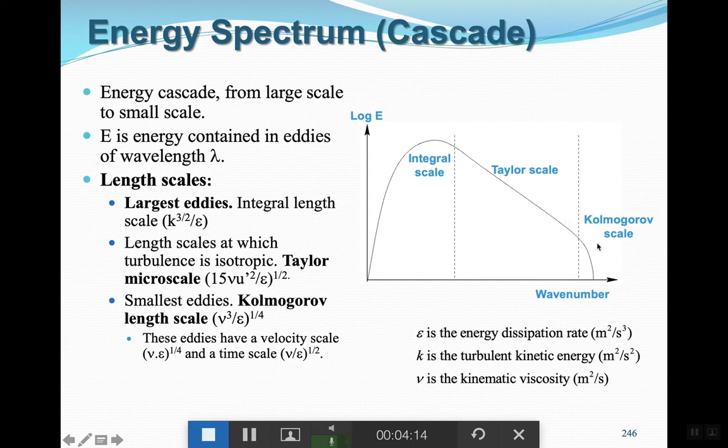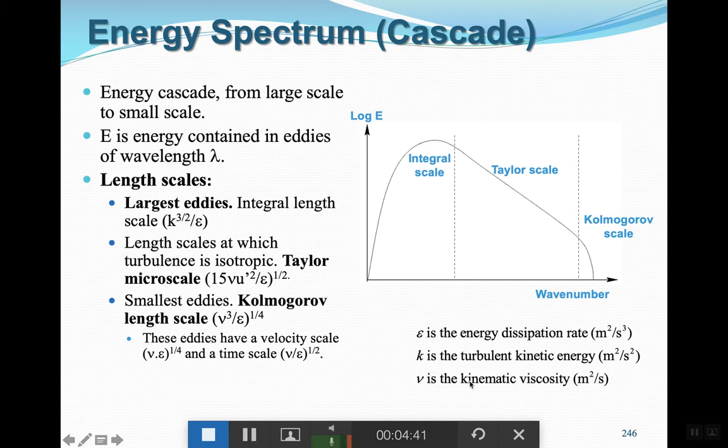And as we go to the Kolmogorov scales, they have even less energy. Now, in this graph, since we know the energy is supplied in here and dissipated in here, meaning supplied in integral scales and dissipated in Kolmogorov scale, we are defining three parameters.